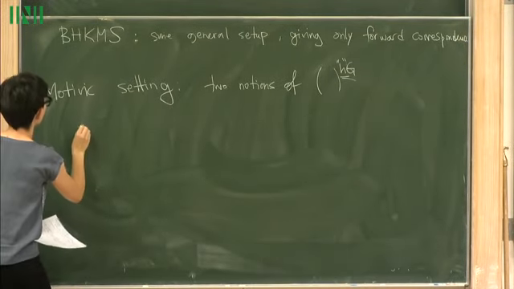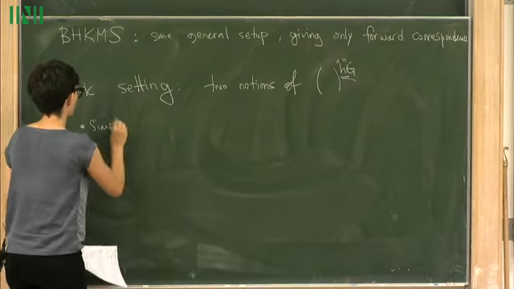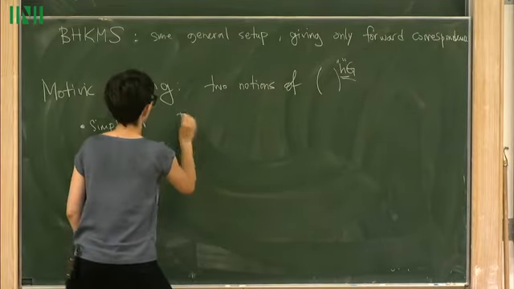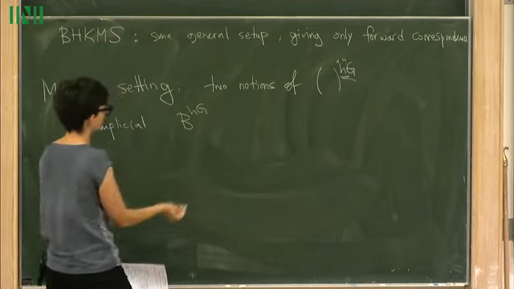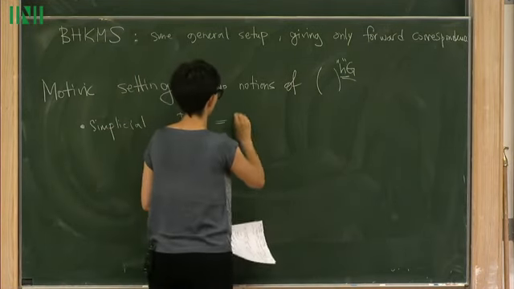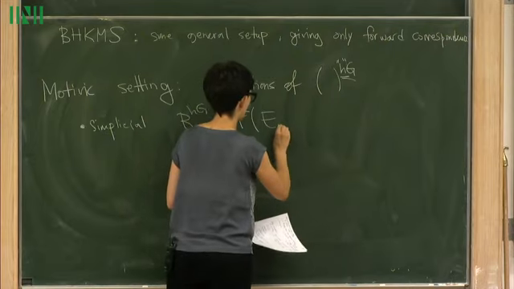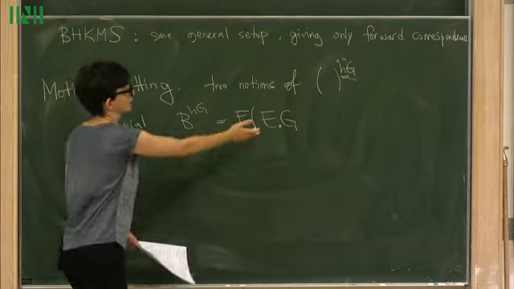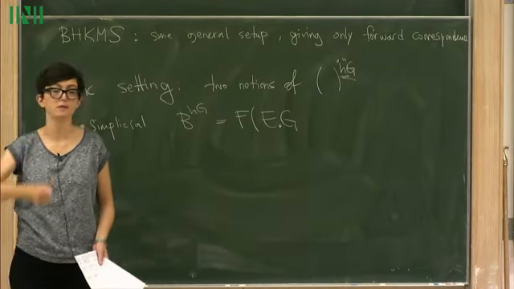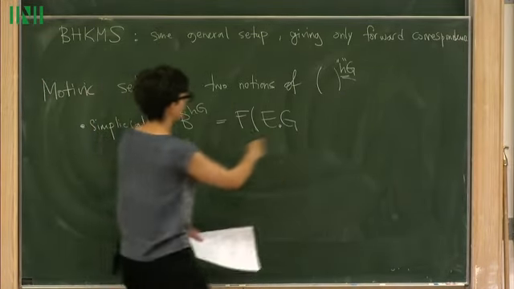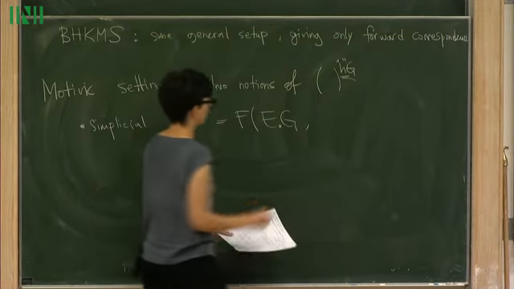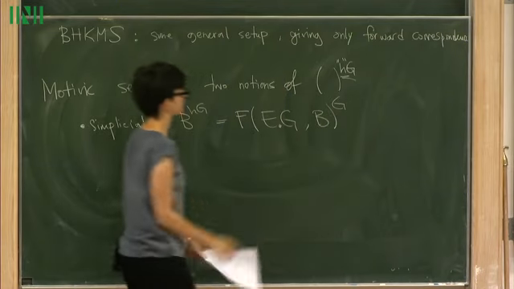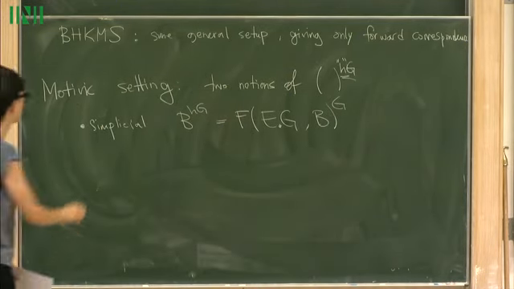One is the simplicial, where we just declare that homotopy fixed points of G are the thing you would do normally. You have this simplicial set, and you can bring it to your motivic category by looking at, say, the constant presheaf that it defines, and that's a notion of homotopy fixed points.